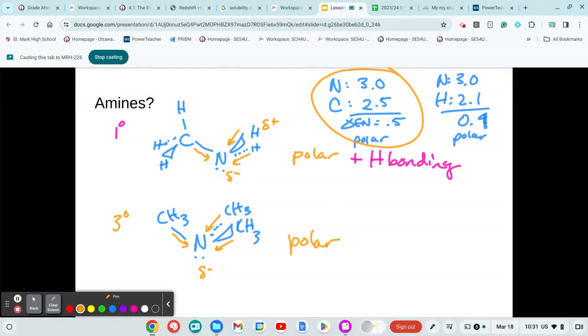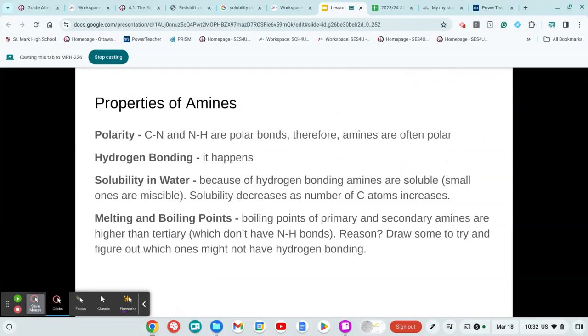So when we're considering the properties of amines, we need to consider if they're primary, secondary, or tertiary. So these amines, carbon and nitrogen bonds, and the nitrogen and hydrogen bonds are polar. So they're polar. They have hydrogen bonding with water all the time and with themselves if they're primary.